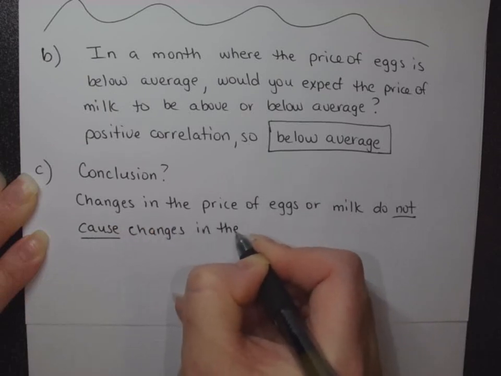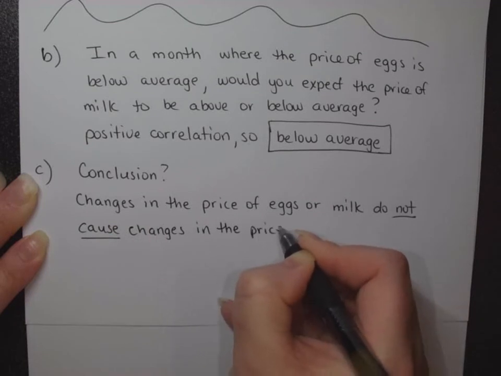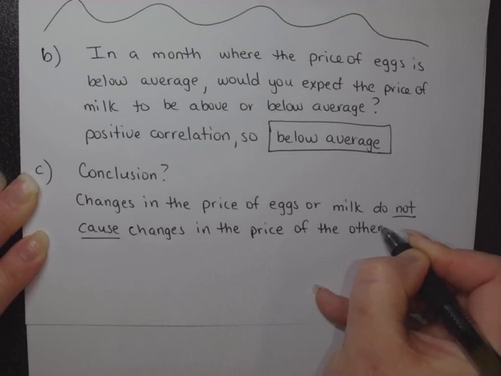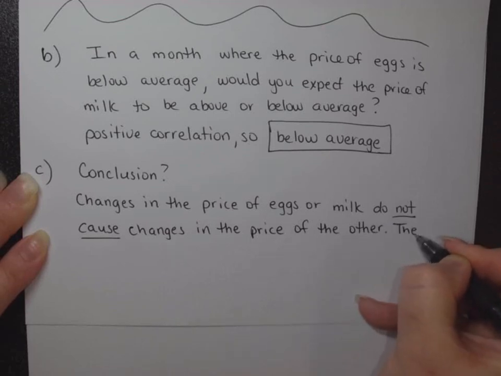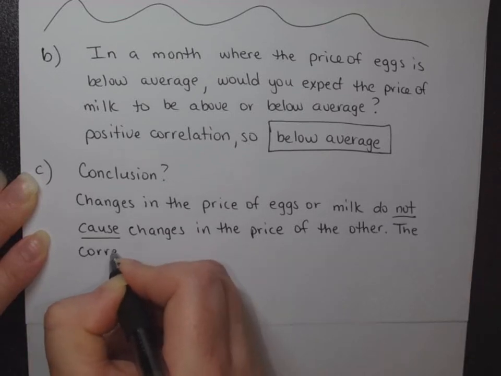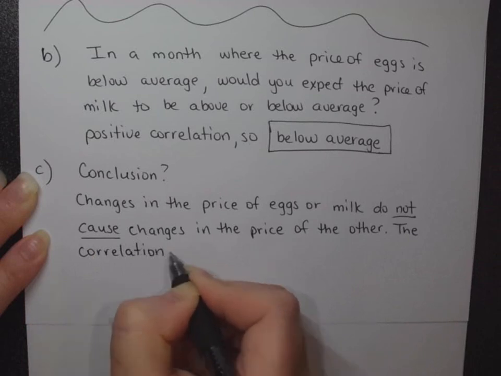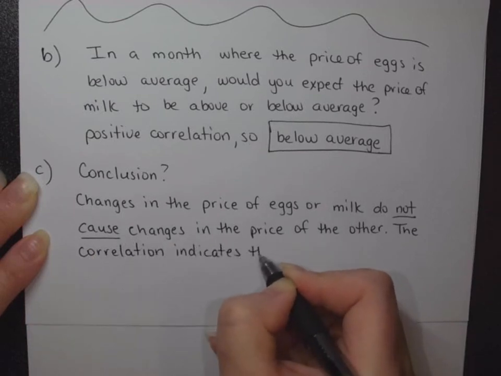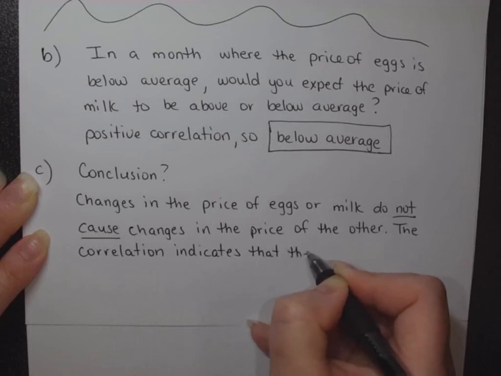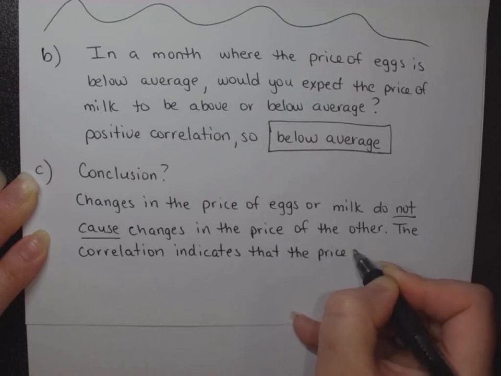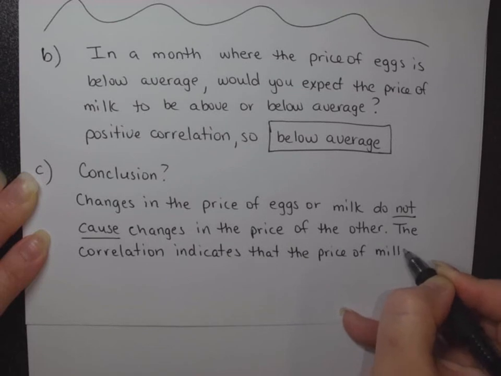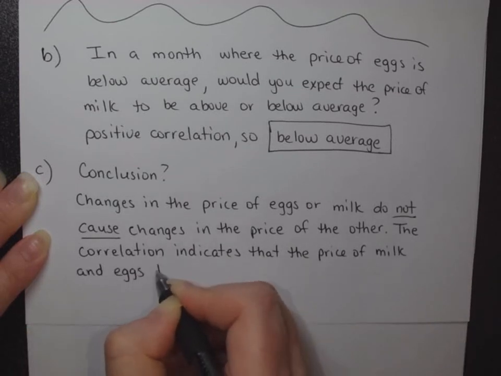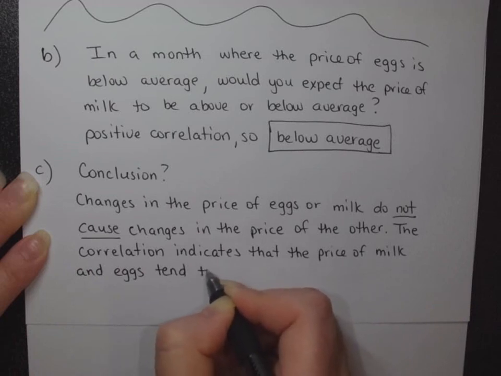It's not because of the high or low price of the eggs that the milk is also high or low, but it just indicates that they tend to move together. Think of them on kind of parallel paths. They don't really affect each other, but they do tend to move together. It might be some outside force that is causing them to go up, maybe people's demand for breakfast or something.